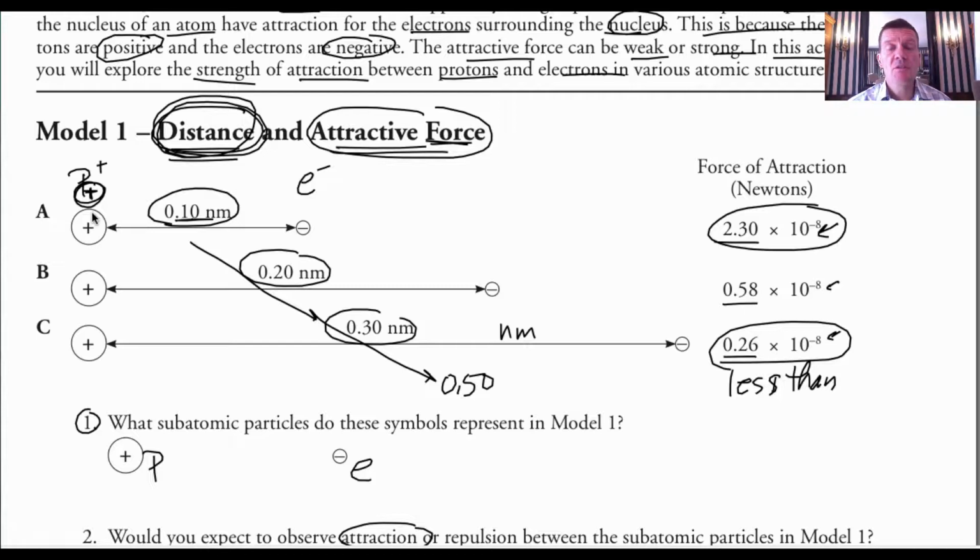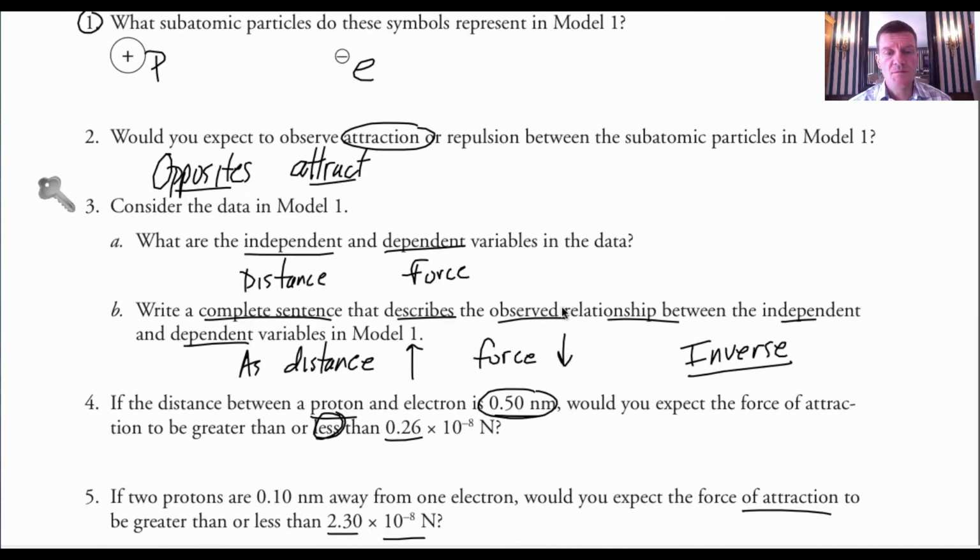We would expect it to be greater. If one proton pulls on this electron with this magnitude, 2.3 times 10 to the negative 8, then with two protons you would expect a greater pull on this electron than the existing force when there's just one.